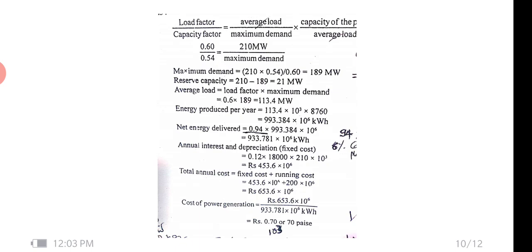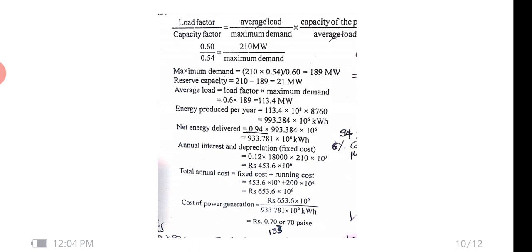So this is the net energy delivered which we are able to sell, because 6% is used for the internal consumption only by the power plant auxiliaries. Now the fixed cost is the annual interest and depreciation, that is 12%. So I will write 0.12 into, now the installed capital cost is 18,000 rupees per kilowatt.